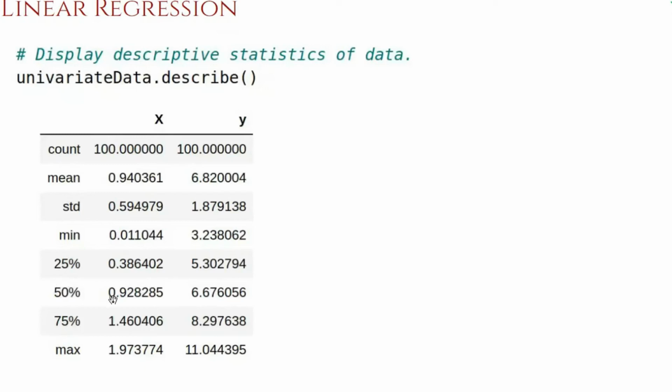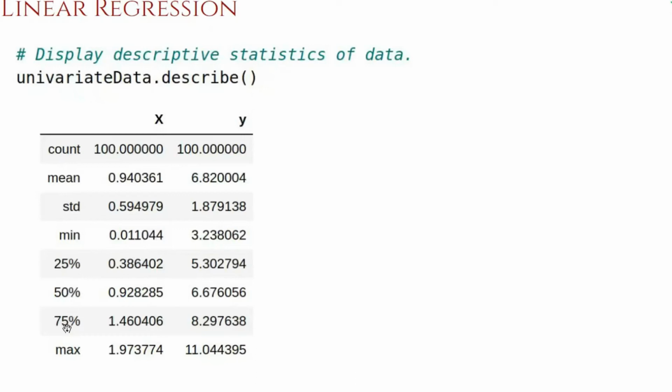What it means is that 50% of the data is less than 0.92. That is what we interpret from the second quartile information. 50% of the values corresponding to y are less than 6.67. That is the insight. The first quartile says 25% of the data is less than 0.38.